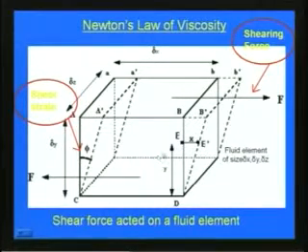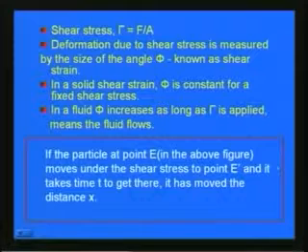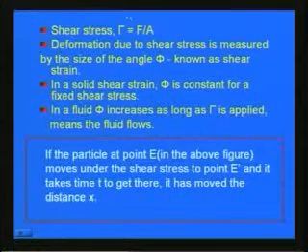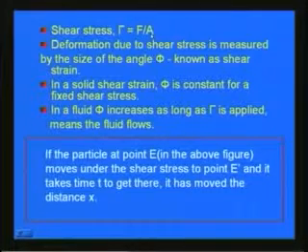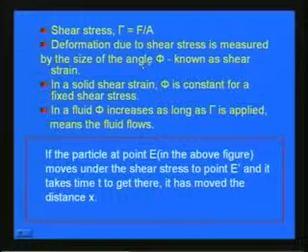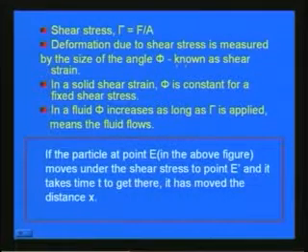Now, if you study with respect to the shear force, the shear strain we will be considering is phi here. So, the shear force acts on the fluid element. Shear stress can be written as tau is equal to shear force divided by area A, and the deformation due to shear stress is measured by the size of the angle phi, known as the shear strain.